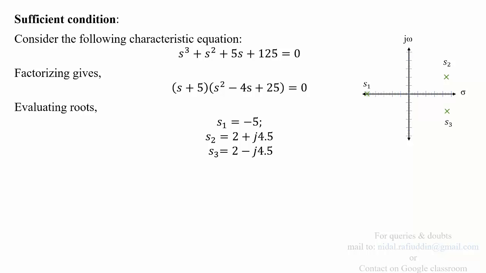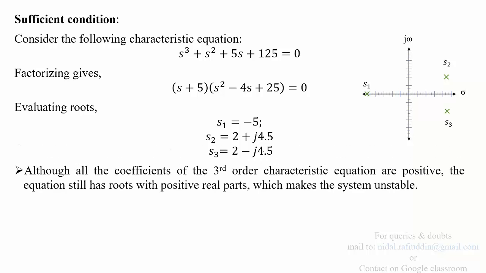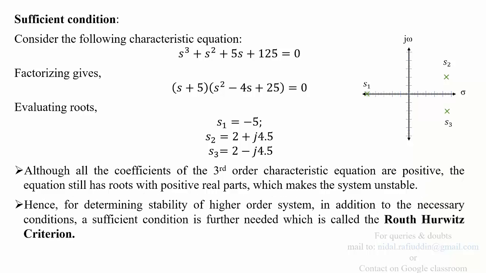But if both the necessary conditions are satisfied, then we move forward towards the application of the sufficient condition, which is the Routh Hurwitz criteria. So although the coefficients of the third order equation are positive, the equation still has roots with positive real part, which makes the system unstable. This particular example is an example of an unstable system.